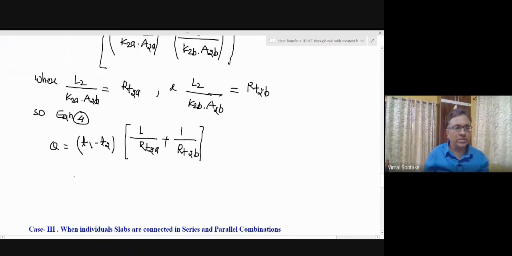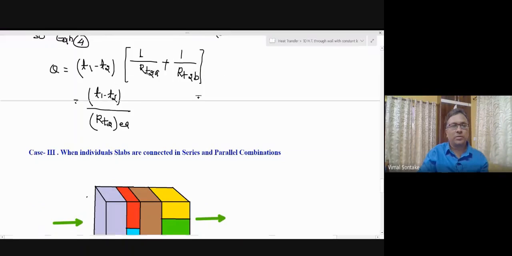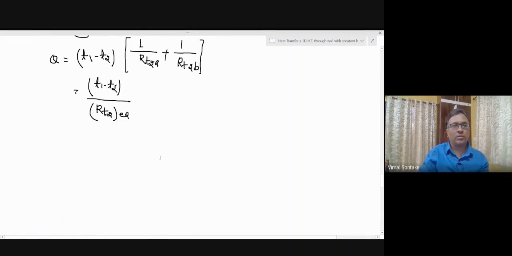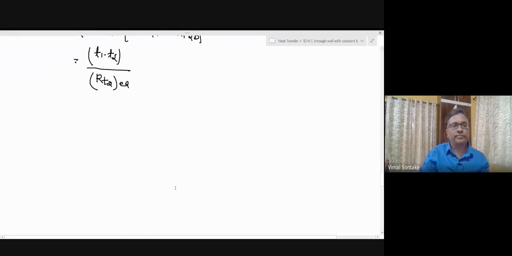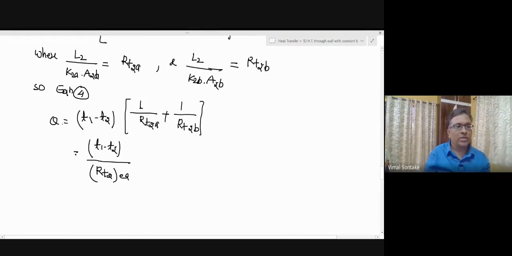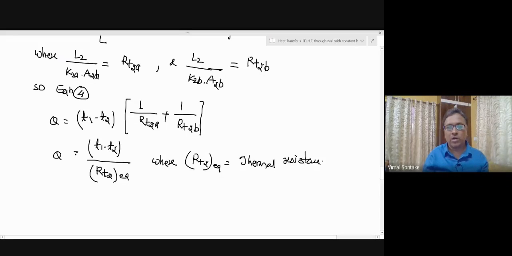Or this can also be written as T1 minus T2 over RT2 equivalent, where RT2 equivalent is the thermal resistance of wall 2, or I can say the equivalent thermal resistance.